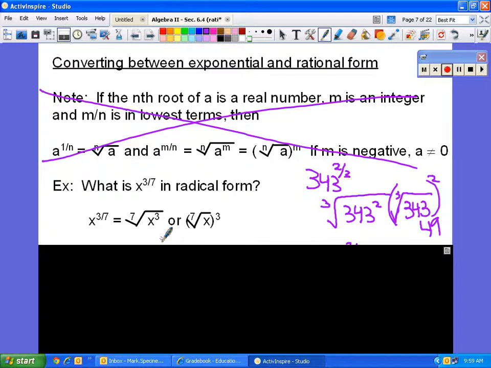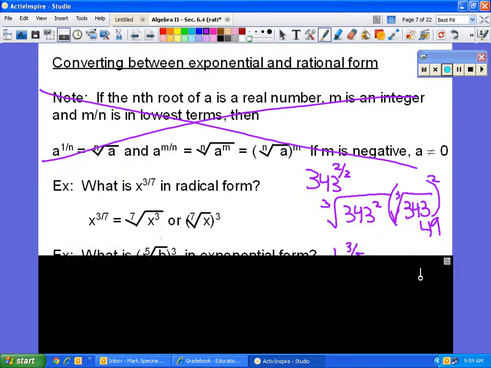And you might know that the cube root of 343 is 7. And then if I square 7, that I know I can do in my head. 7 times 7 is 49. So in this type of problem, usually if the number is really big, you're going to be better off finding the root first and then raising it to a power. Whereas if the number is small, you're going to be better off raising it to a power and then taking the root.